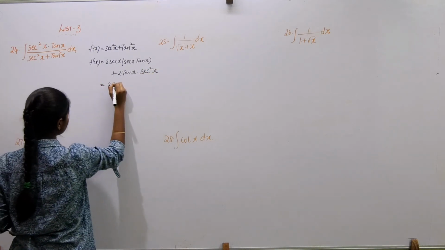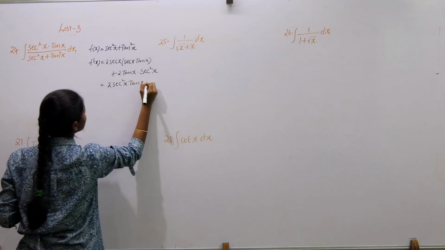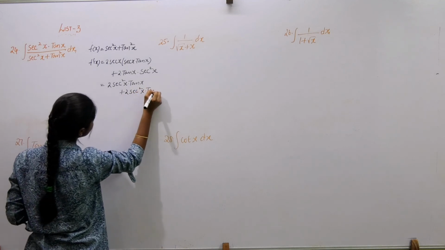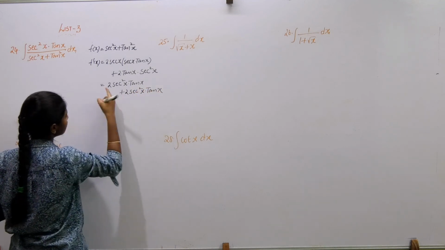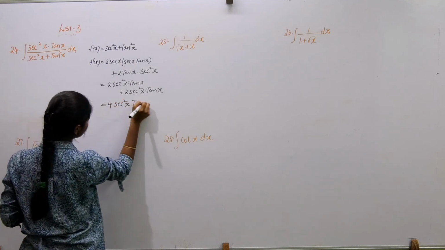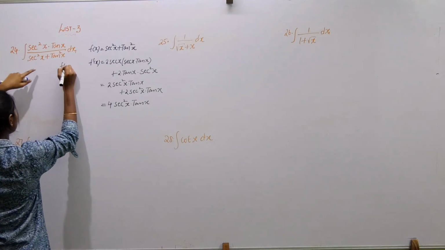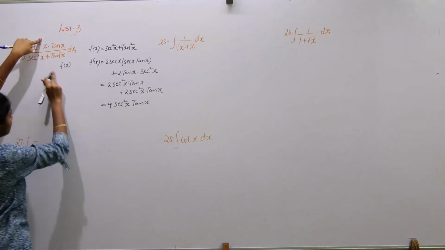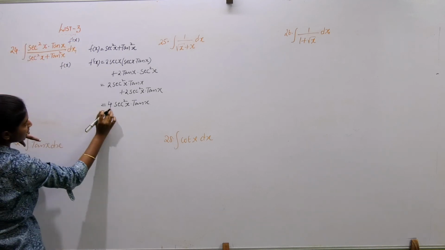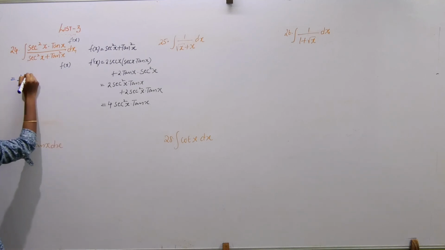It is equal to 2 secant square x into tan x plus 2 secant square x into tan x, which is 4 secant square x into tan x. Here we have f dash of x, but in the place of f dash of x we don't have 4. So we adjust 4.